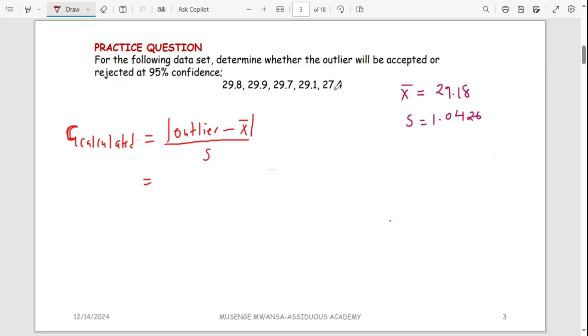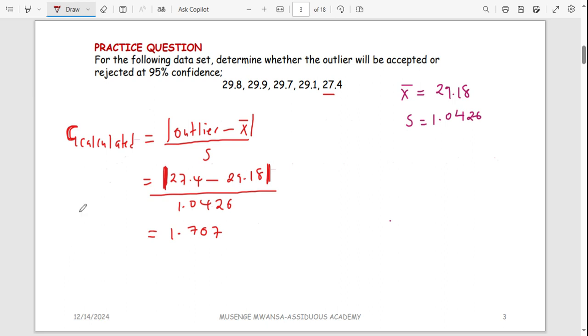So the outlier that we are dealing with here is 27.4. The mean is 29.18, and then you divide by the standard deviation, 1.0426. We are taking the absolute value because we are not interested in the sign. Otherwise, if you subtract 27.4 minus 29, you're going to get a negative number. But just discard that negative and then divide by 1.04, and that is going to give us 1.707. So this is the G calculated.